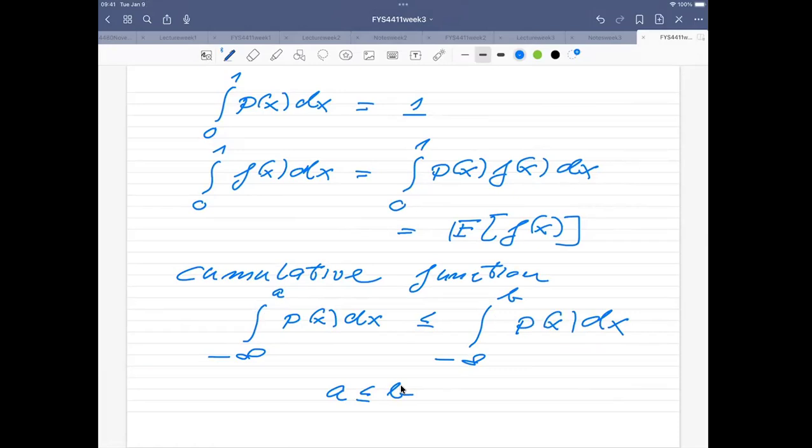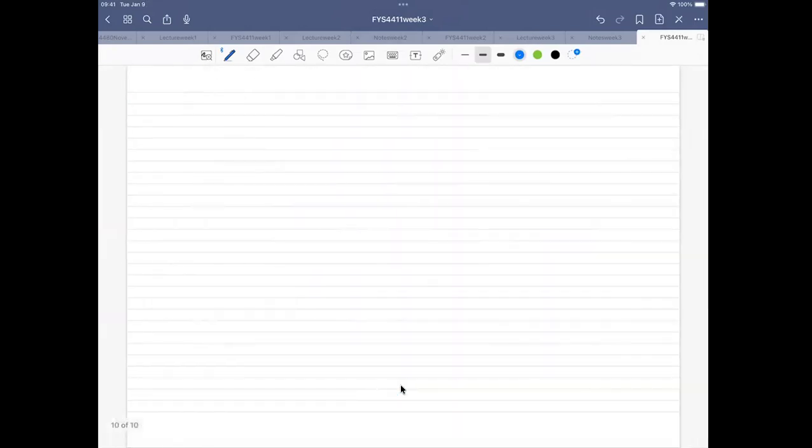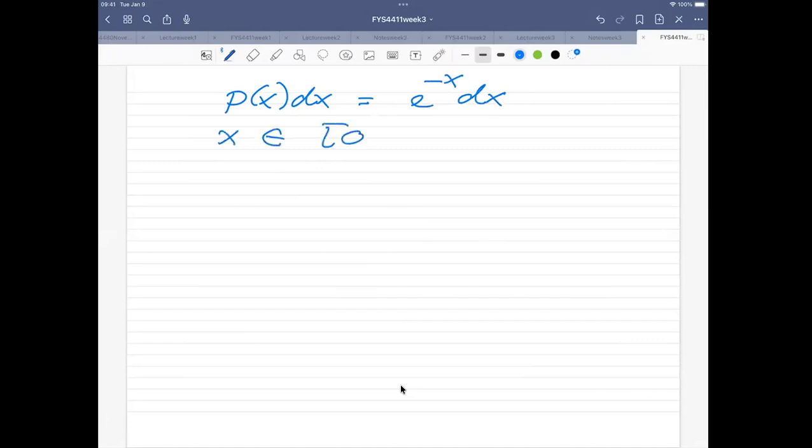One of the first things we need to do, if we have another type of integral, is this. Suppose we are dealing with a probability distribution which is not the uniform distribution, but the exponential distribution, where x is defined from 0 to infinity.